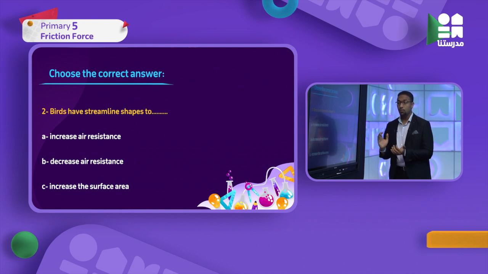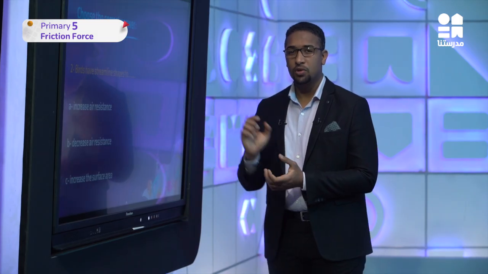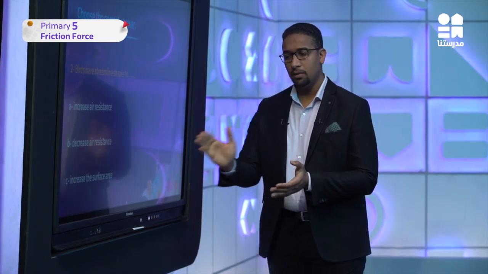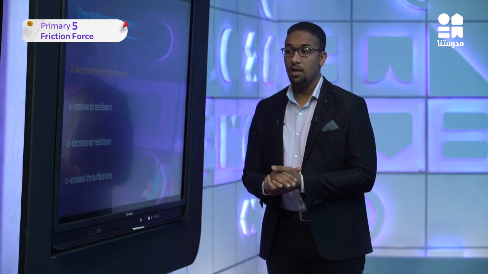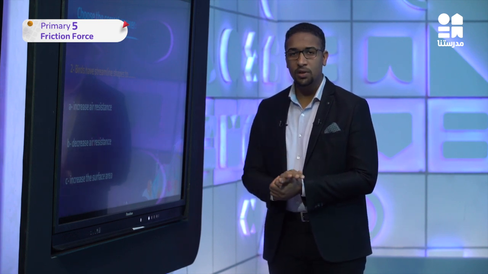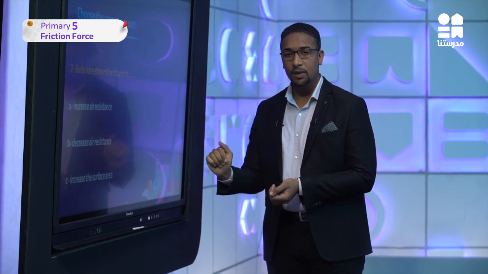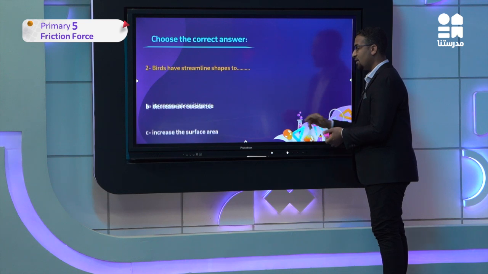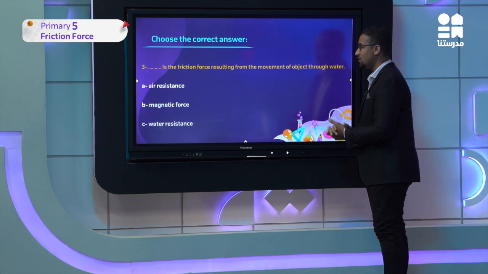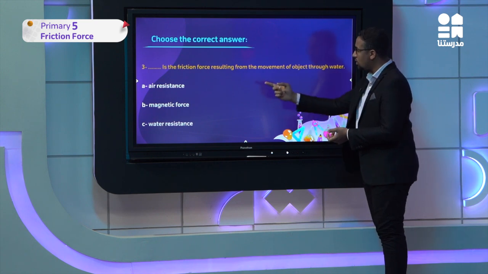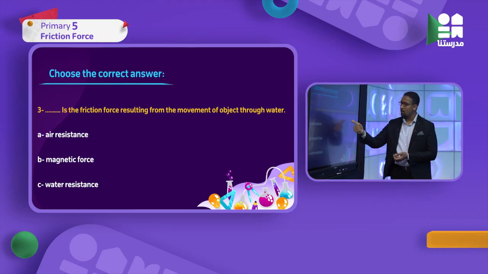We already said streamlined shape means surface area decreases, a small surface area, so it's surely not the last choice C. Increase air resistance or decrease air resistance? Streamlined shapes decrease air resistance. Perfect.